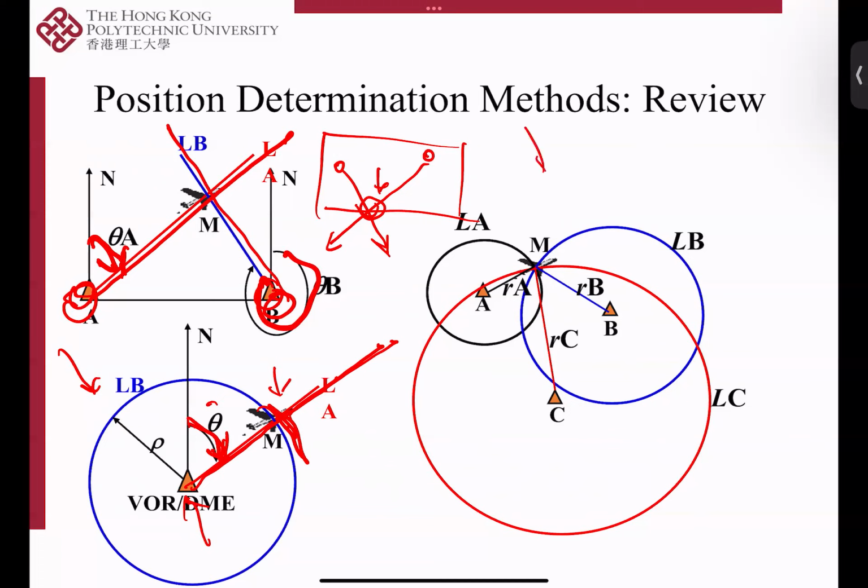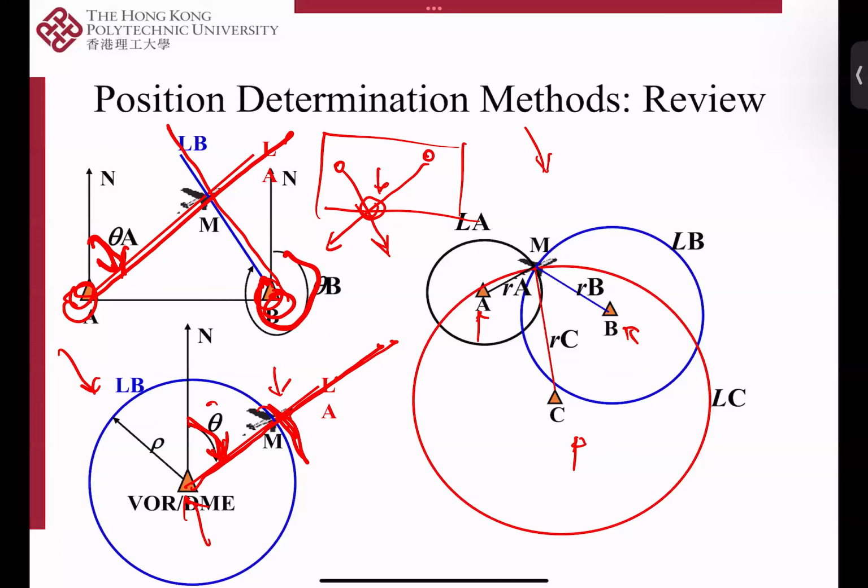Another one is more related to satellites, like GPS or GNSS, because for that kind of system, they know the location of the satellites. So what they can do is make the satellite have some kind of measurement of the distance between you and the satellite.